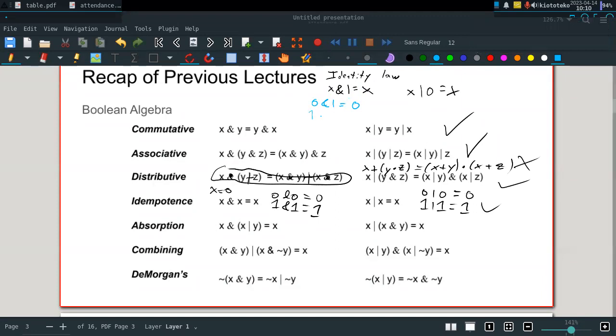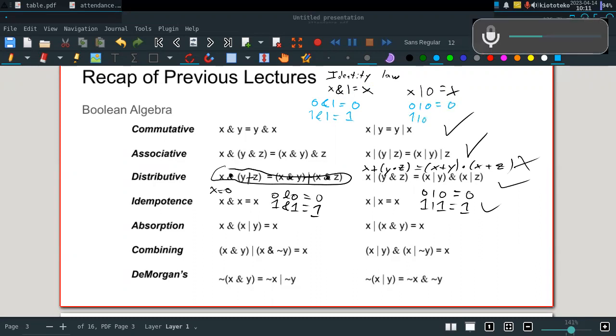And again, 1 and 1, you already saw that is 1. So yes, it is true that this law exists. And the same with X or 0. If you see 0, 0, we already saw that it's equal to 0, and 1 or 0 is 1, no? So again, you can prove that this is correct, but this is just useful to understand.